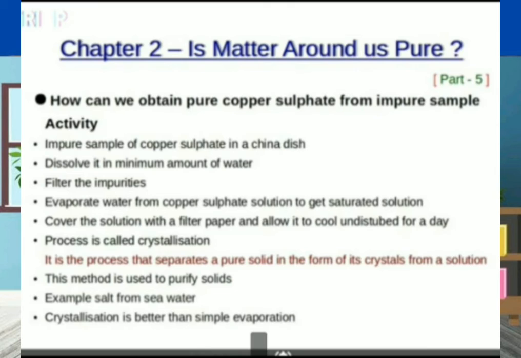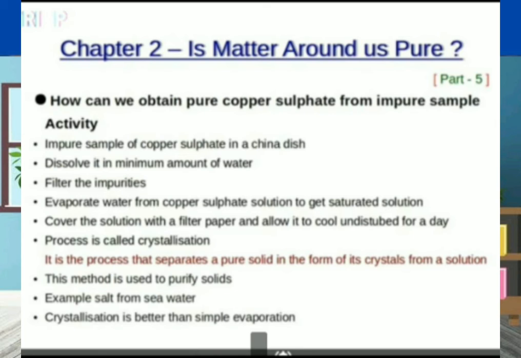Filter the impurities using filter paper, and evaporate the water from the copper sulfate solution to get a saturated solution. Cover the solution with filter paper and allow it to cool undisturbed for a day.